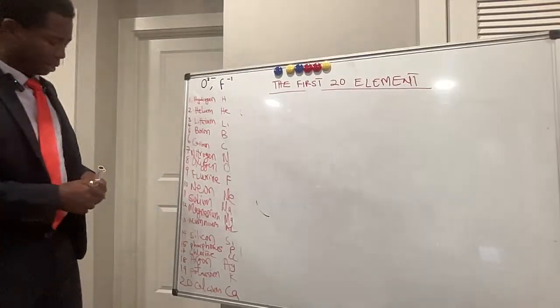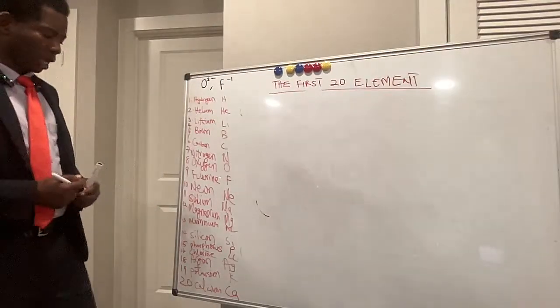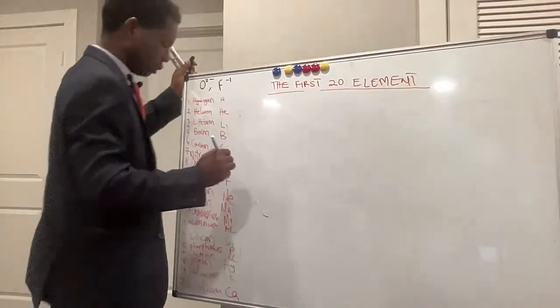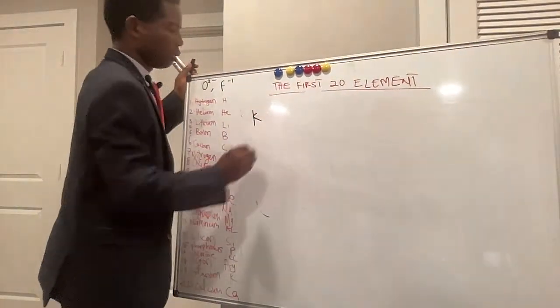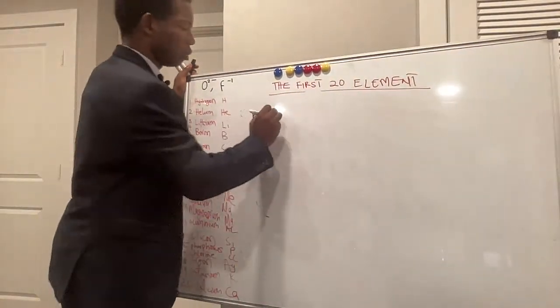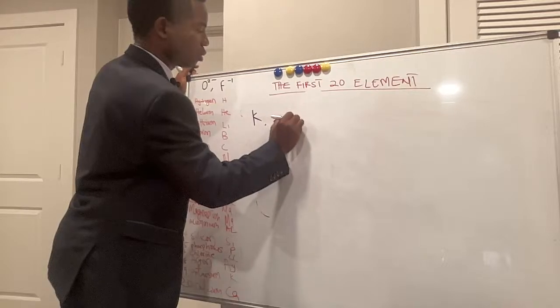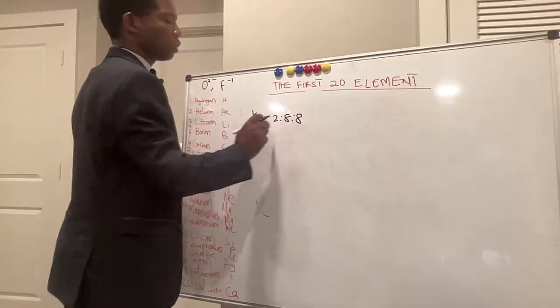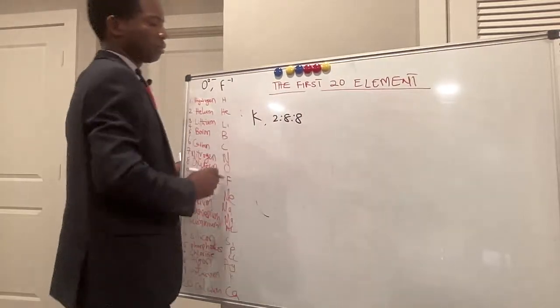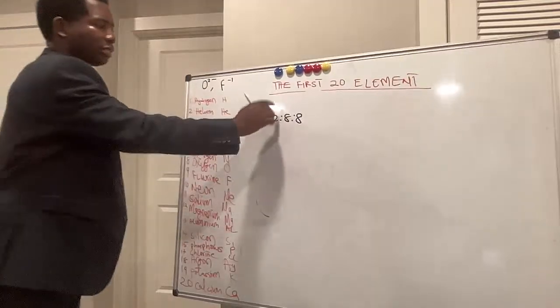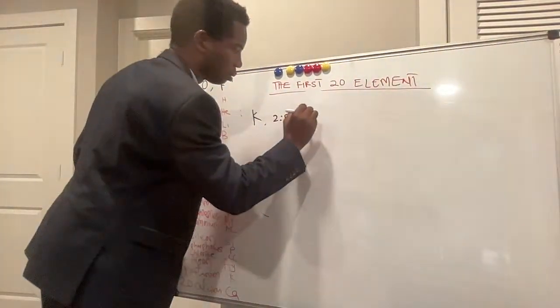Let's look at an element like potassium. Potassium, the symbol is K. Its configuration is 2.8.8.1, that is 8 plus 8, 16, 17, 18, 19.